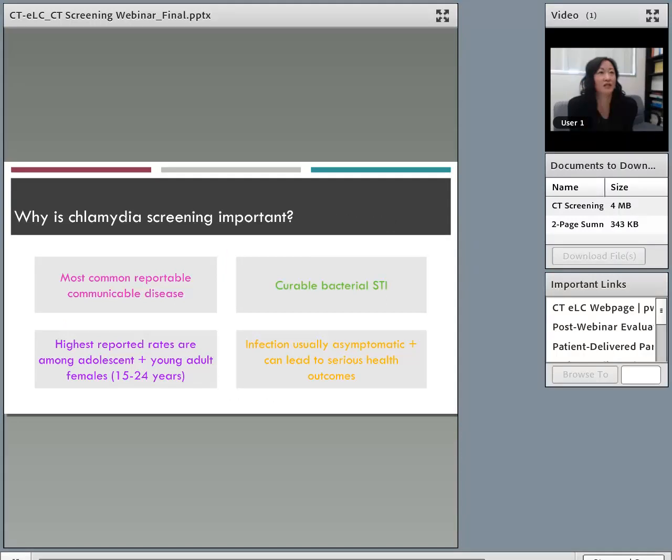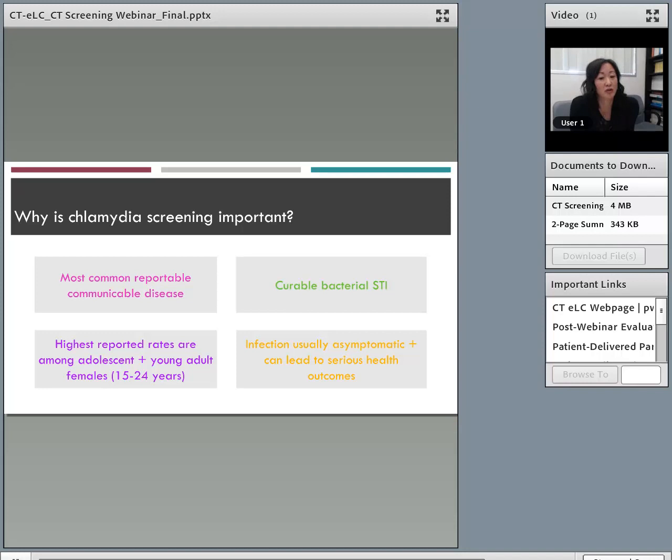Okay, and so we're going to get into something that I think everyone on this call already knows, which is why chlamydia screening is important. But I'm not sure if everybody knows that chlamydia is the most common reportable communicable disease among all the reportable conditions to CDC. Chlamydia is the king, gonorrhea is the queen at number 2. So incredibly common.